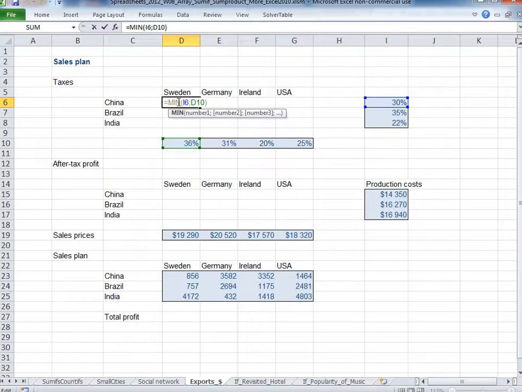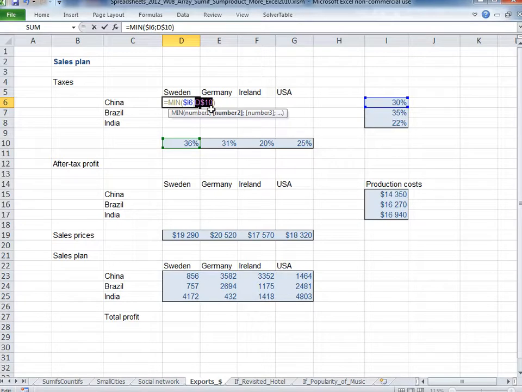Now, to the dollar signs. This time we have the headers on the lower part and on the right part, so we have to fix them again. As always, with I6, we don't want this I6 to move left-right, thus dollar signs before I. And with D10, we don't want the copying to move the green D10 up-down, thus dollar signs before 10.